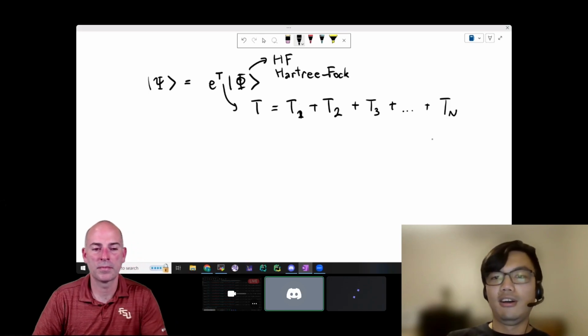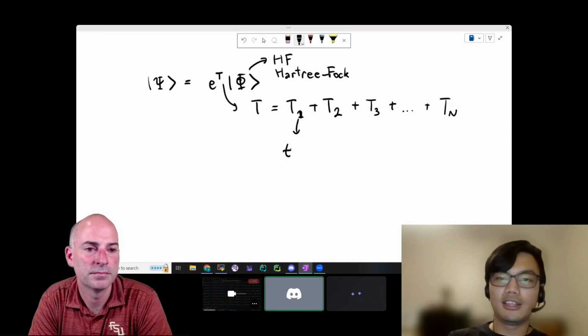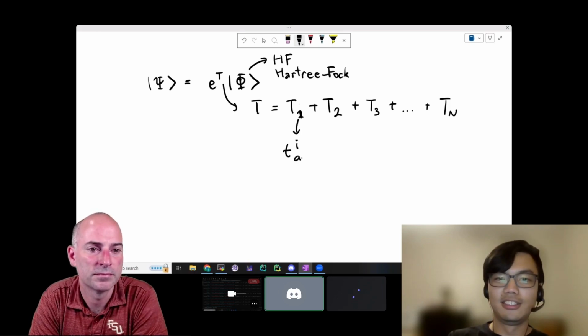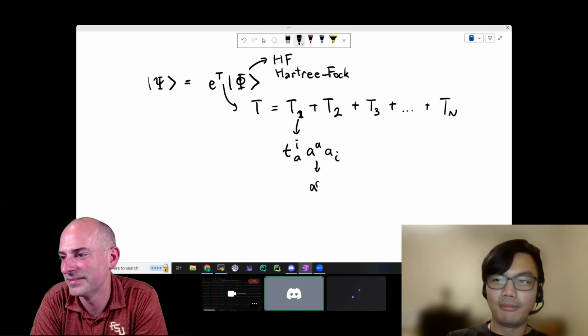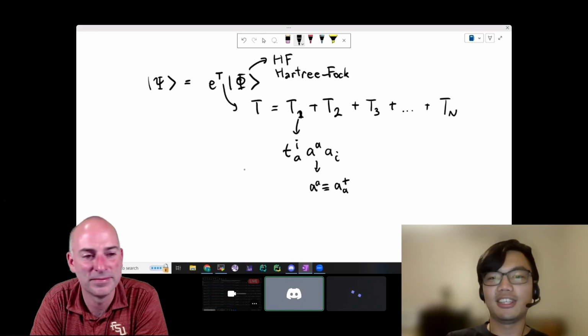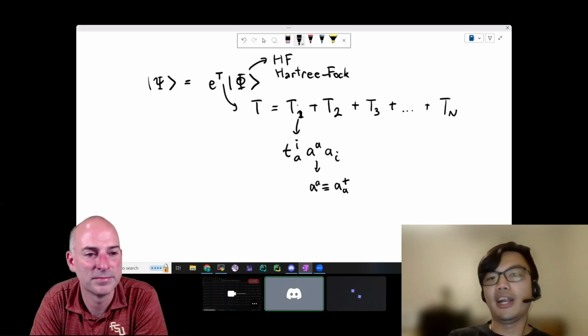So if you think about it, this guy looks like, sorry, Eugene, I will use this notation. This is my notation for a creation operator. And you can see, you can have an einsum expression, so sum over I and A. Basically you have as many annihilators as the rank of your operator.